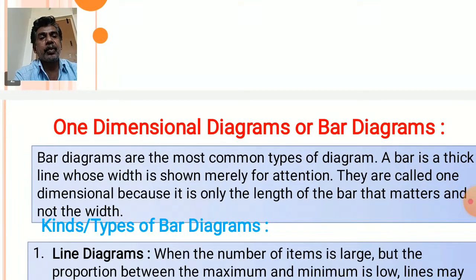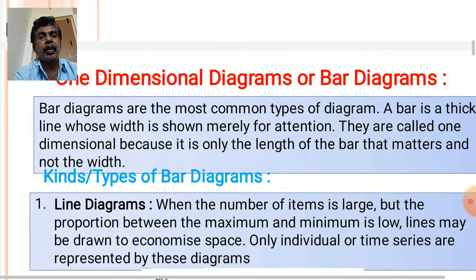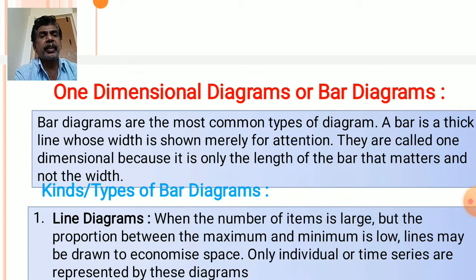Now the first one is the one-dimensional diagram or bar diagram. This is the first aid on which we can make some classification. Bar diagrams are the most common types of diagram.